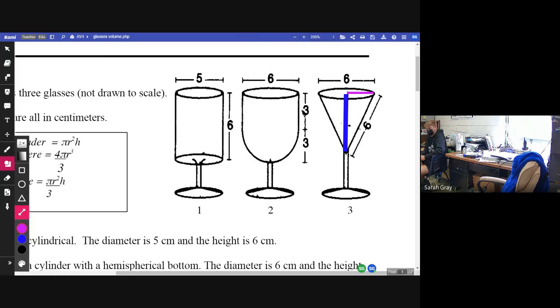Volume of the cylinder is 27 pi, right? There is 3 squared times 3, so 27 pi. Volume of the sphere, 4/3 times pi times radius cubed, 36 pi. Oh, I forgot to divide it by 2.